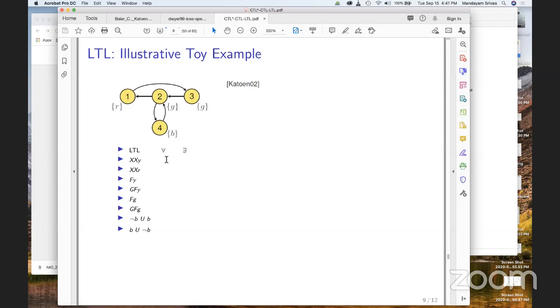There can be a path that circulates between 1, 3, and 2, or it ends up circulating in 2, 4, or it can alternate between those two things. Every path passes through 2, therefore in the next to next state, Y holds good. Correct? So he was right that for all, it is 1.